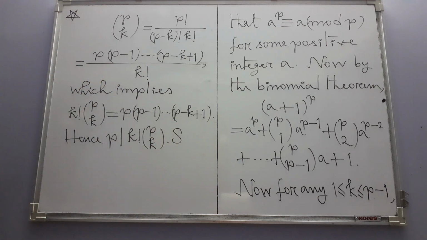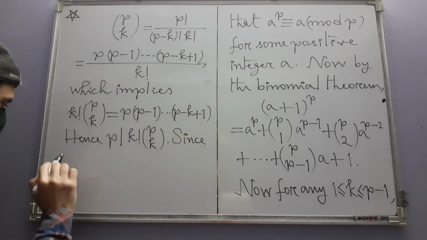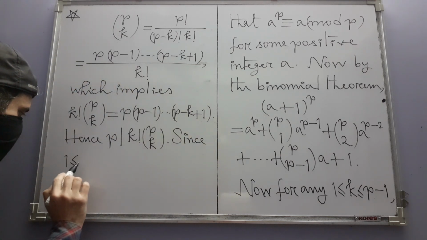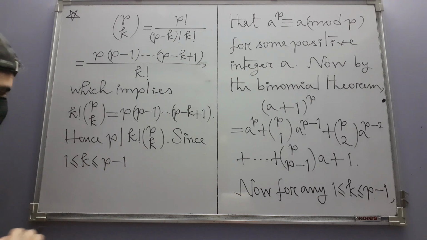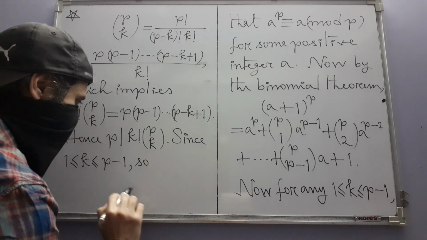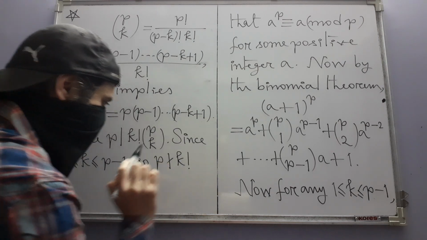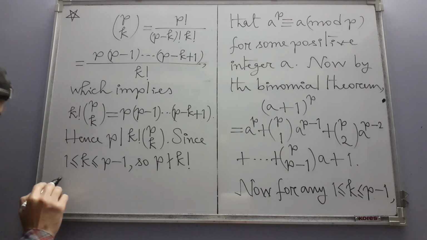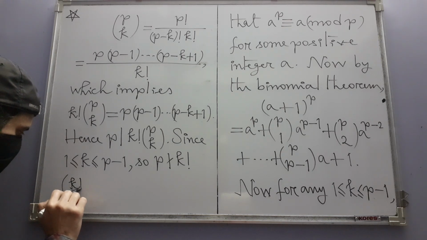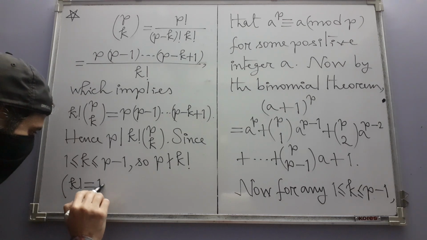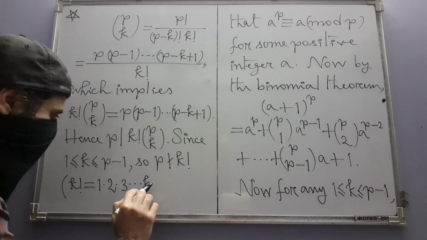However, k factorial is not divisible by p, since we have this. So p does not divide k factorial. And what is the reason? The reason, of course, is this. You already know that k factorial is this product 1 times 2 times 3 and so on up to k.